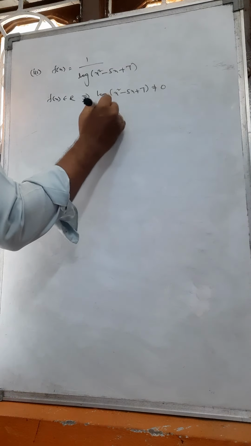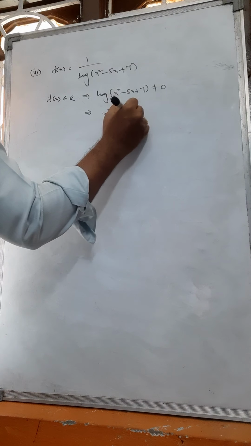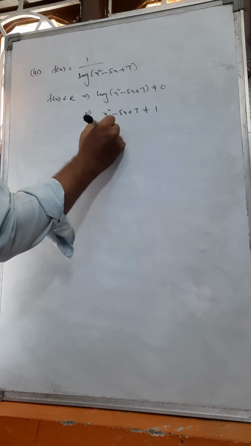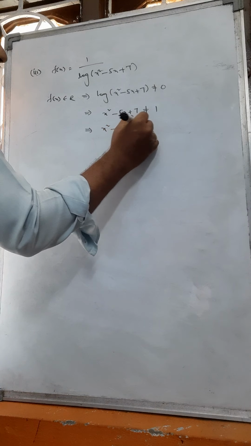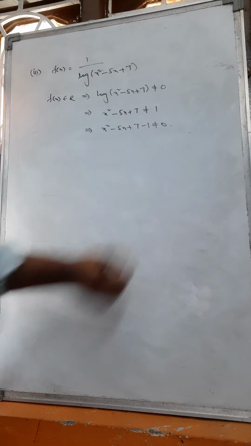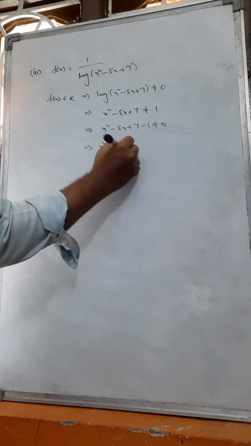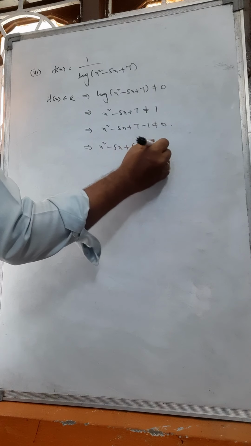So log 1 equal to 0 means x square minus 5x plus 7 is not equal to 1. From this, x square minus 5x plus 7 minus 1 is not equal to 0. We will get x square minus 5x plus 6 is not equal to 0.